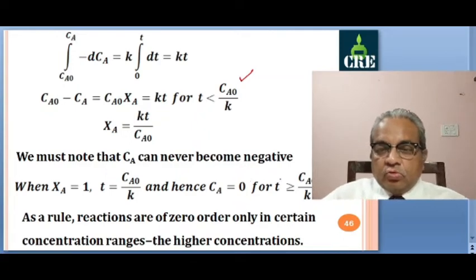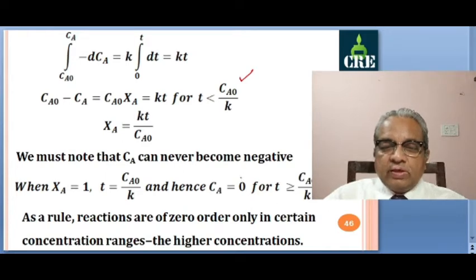So for all values of t greater than or equal to Ca0 by k, Ca will be equal to 0. Mathematically, if you substitute numerical values you will get a negative value, but that is not possible. That means we say for all values of t greater than or equal to Ca0 by k, concentration is 0.